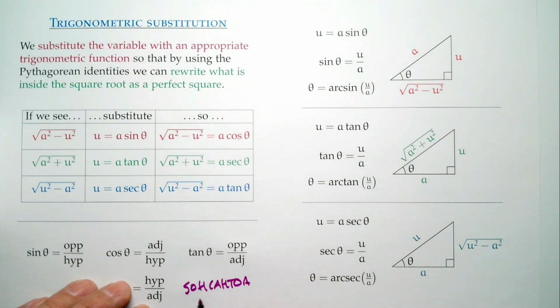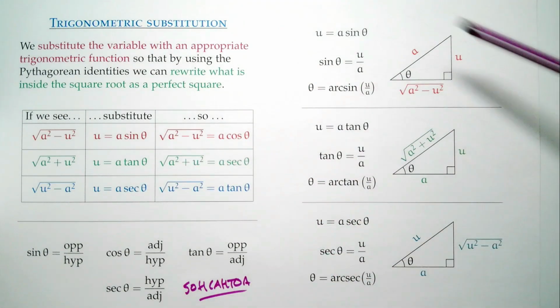And if it helps you remember that silly nonsense word, then remember it. That's okay. If it helps you, it's not silly. The other thing, of course, is the secant, which is the reciprocal of cosine. So you flip cosine, that's hypotenuse over adjacent. I want to run through these substitutions because we're going to need to look at these triangles. They're going to come into play as we work through these problems.